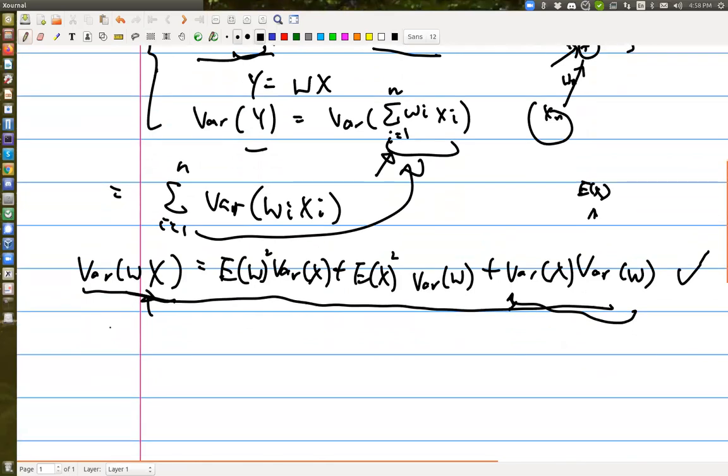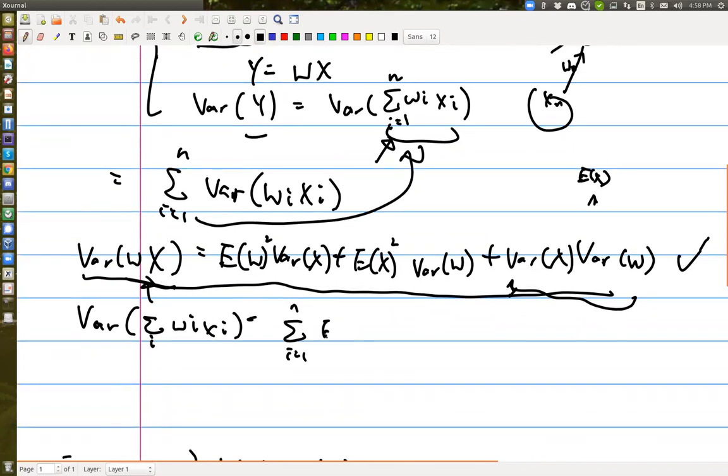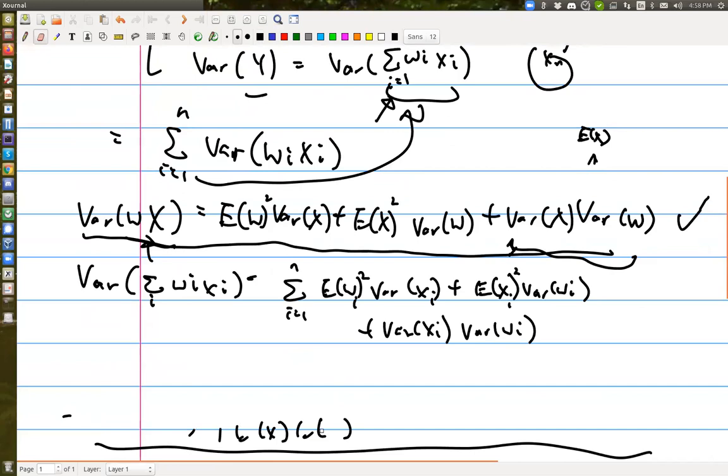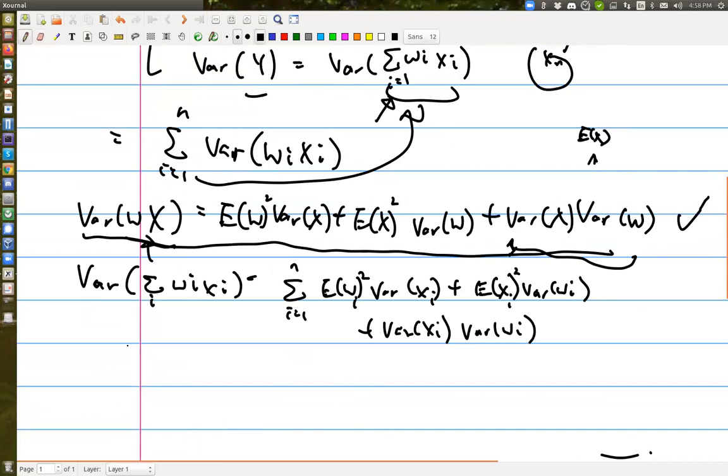Then the variance of the sum over w_i x_i will be equal to the sum over i equals 1 to n of the variance of each term, which is the expectation of w_i squared times the variance of x_i, plus, let's put the index i back, the square of the expectation of x_i times the variance of w_i, plus the variance of x_i times the variance of w_i. Okay, so let's see.